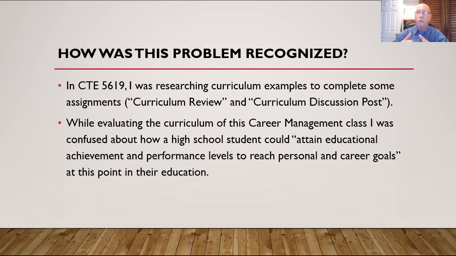And while I was evaluating the curriculum for this particular class, career management, I got a little confused about how a high school student could complete one of the objectives, which literally said, attain educational achievement and performance levels to reach personal and career goals. Because at this point in their education, I feel like they could maybe understand those things, but not actually attain them.